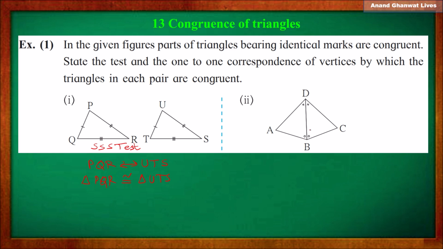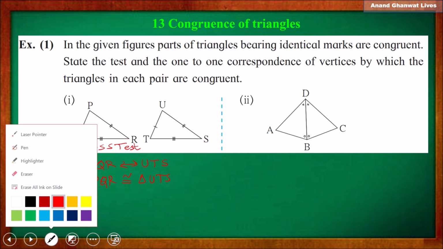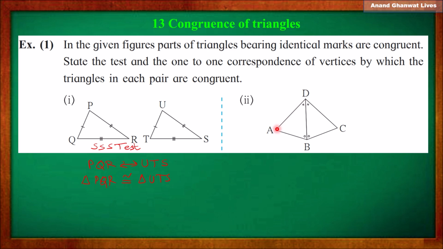Now in these two triangles, observe that angle ADB is congruent to angle BDC, angle ABD is congruent to angle CBD, and segment DB, which is a common segment in both the triangles, is also congruent with itself, segment DB.